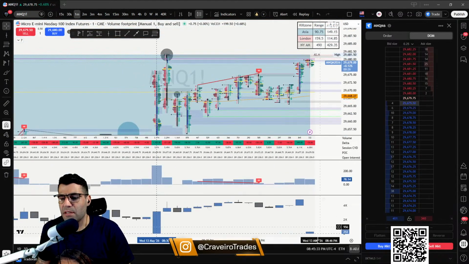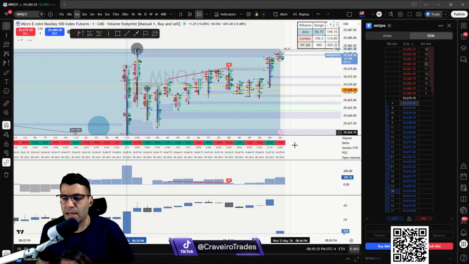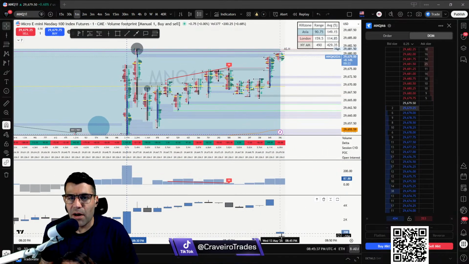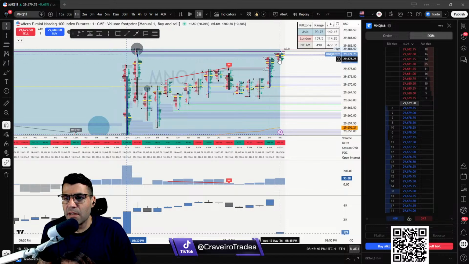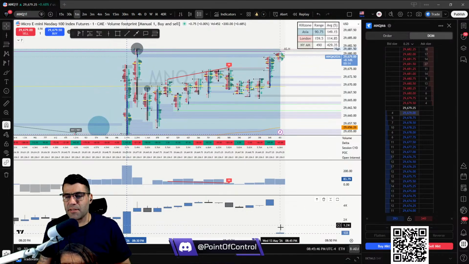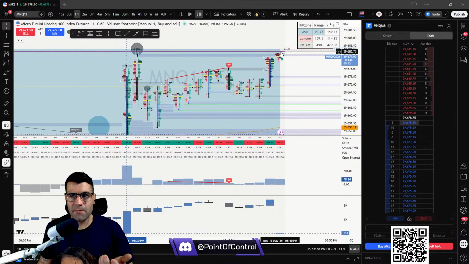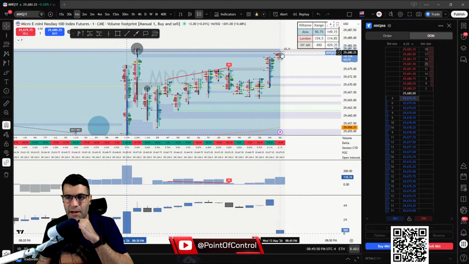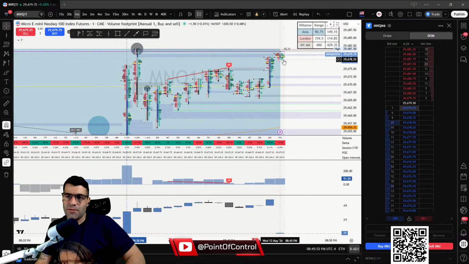So what do we see on the CVD at the exact same time? Look at this dump off from this candle to this candle. Down here on the CVD candlestick, we see a massive drop off in participation, but price is holding. It's still remaining so much higher. So what does that tell you?